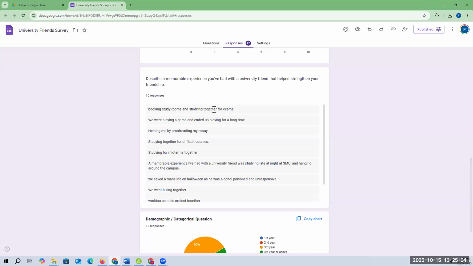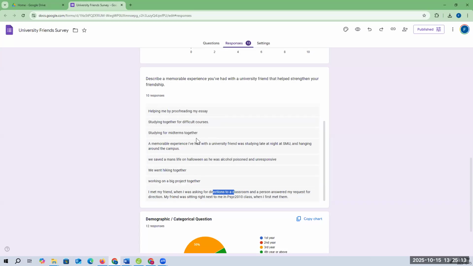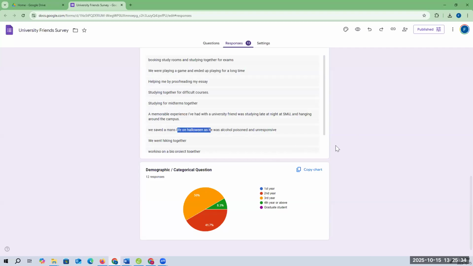Surprisingly, these seem to be a more memorable experience, which helps strengthen the university friendship. The other types of activities were hiking together, so some extracurricular activity, and the main event on Halloween. But most of these seem to be about working together on an academic project or something. So that actually is interesting.